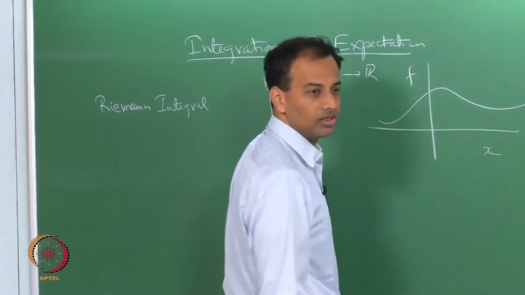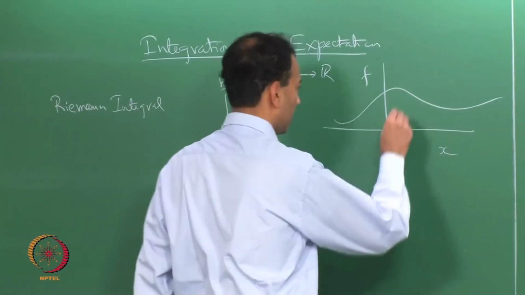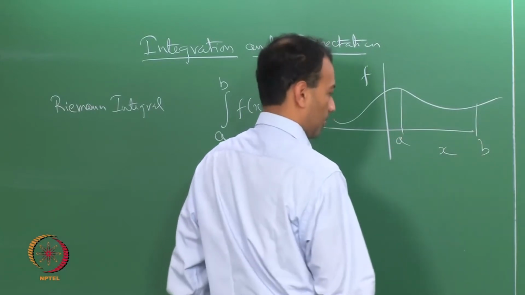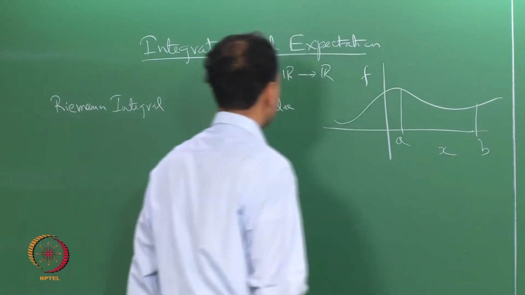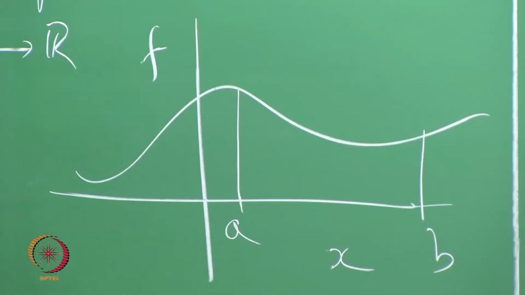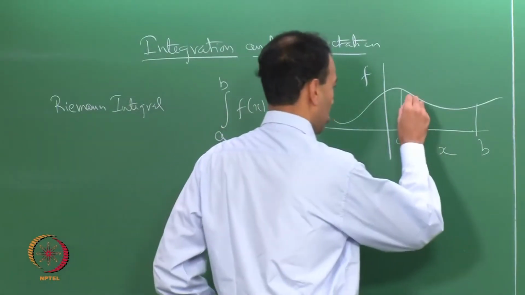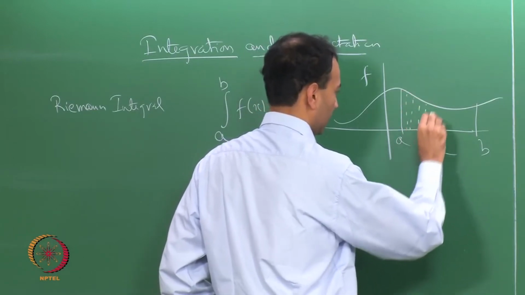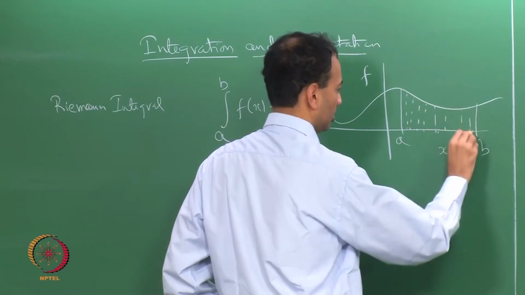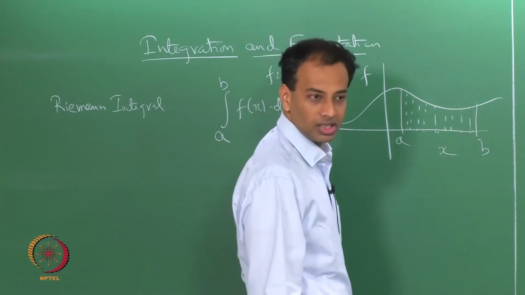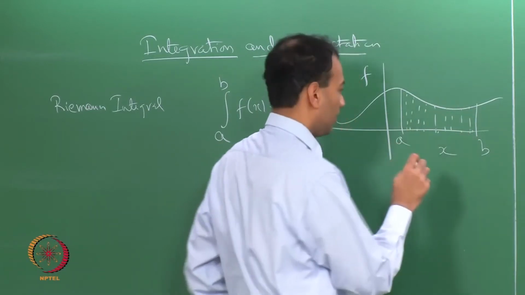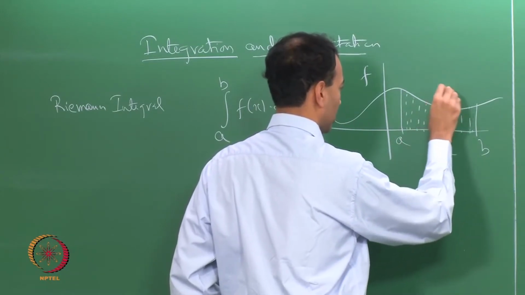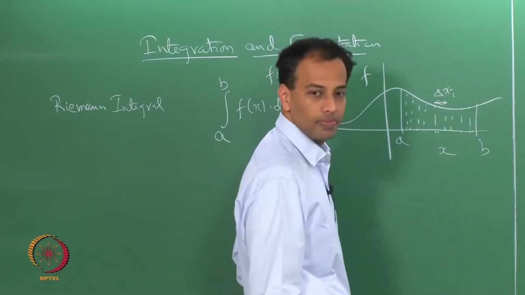you have some function f of x and you have some interval a to b. The way this integral a to b f x dx is defined is by dividing this x axis into several little intervals. So, let us call each of these delta x i, all right.